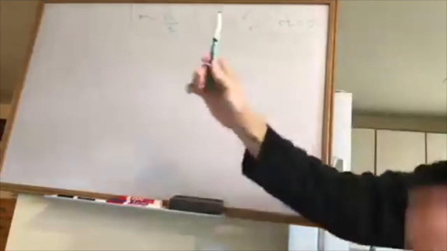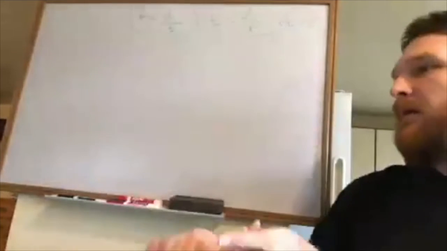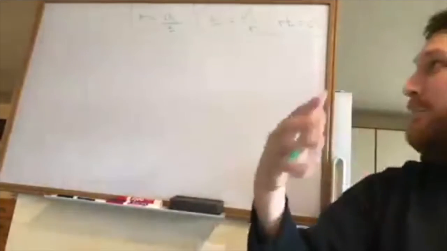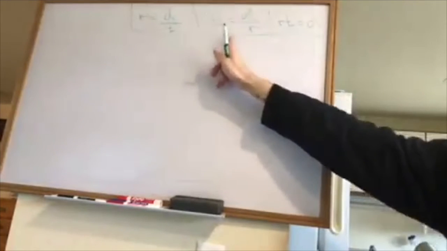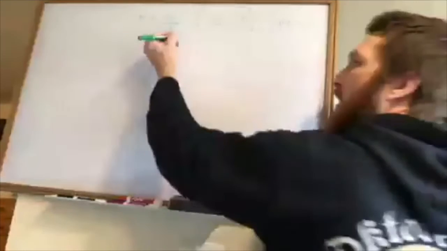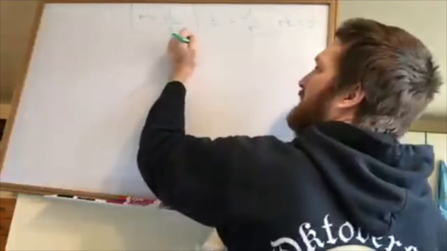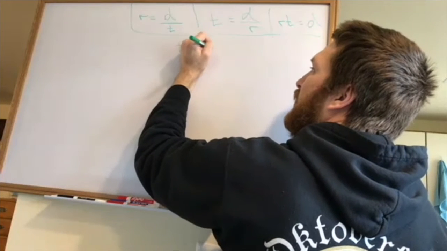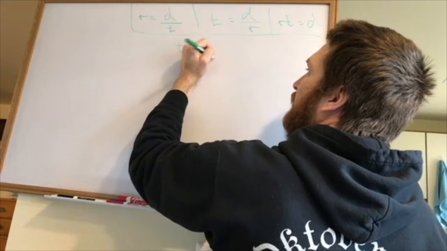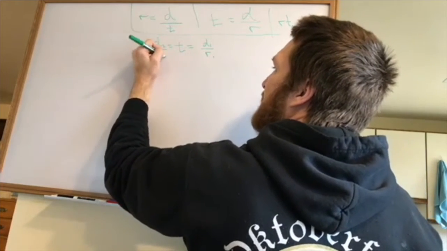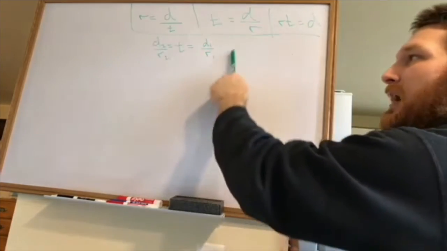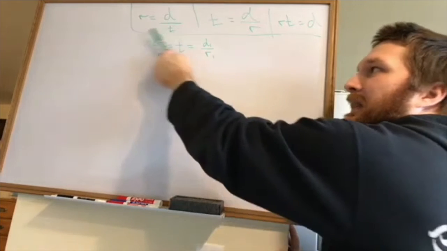They're telling me that something's going to happen in some amount of time, and something else is going to happen in that same amount of time. So I want to use this in that similar way. Time is for the first case, but the same time is going to work for the second case. I'm already thinking it's probably going to work out something like this.